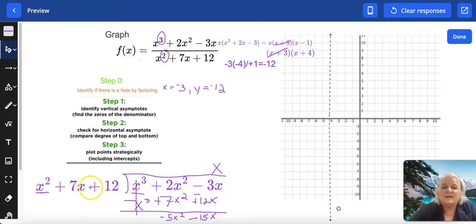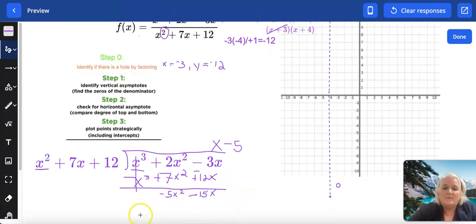Okay, what times x squared gives me a negative 5x squared? The answer is a minus 5. And when I put that down, I have a minus 5x squared, and a minus 5 times a positive 7 is a negative 35x, and a negative 5 times a positive 12 is a minus 60.